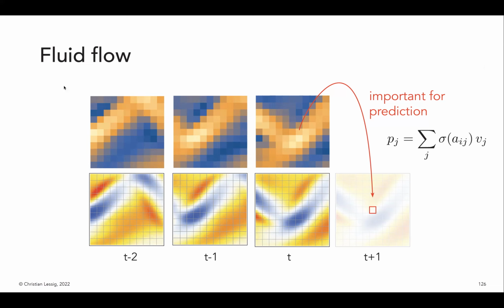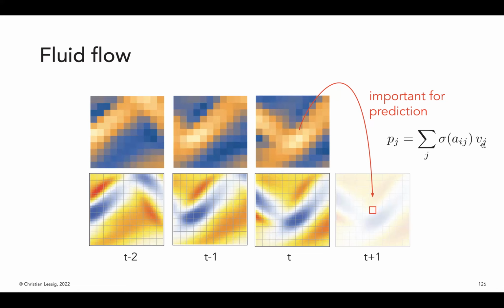And this is not somehow important in an intuitive sense, but it's actually mathematically precisely important, because the values of these attention maps, these arrays here, are these Aij values. And what is used for the prediction are these Pj values. As somebody who comes from scientific computing, I really like this formula because that's a standard basis representation. So you take these attention weights, and if you have a high weight, you assign a high weight to the Vj vectors.